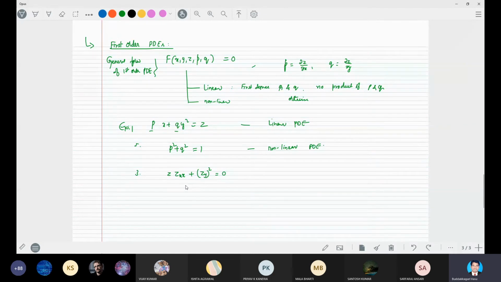Tell me, is it linear or non-linear? It is not first order, it is of second order, right? Yes, this is non-linear, but it is one particular case.